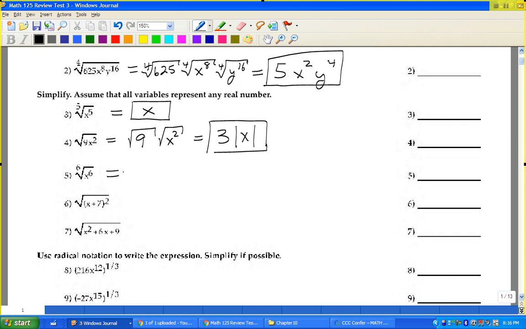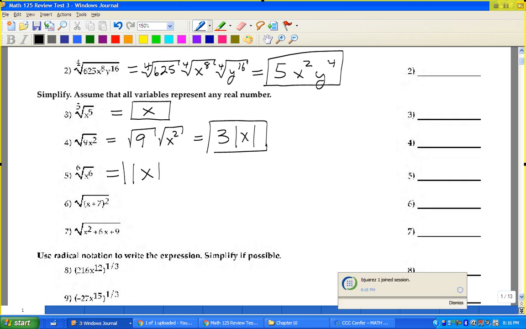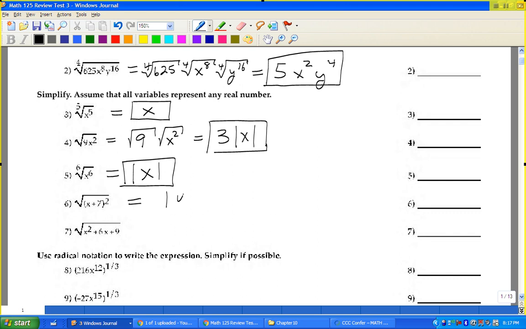Similarly, the sixth root of x to the sixth, since 6 is an even number, and 6 divided by 6 is 1, it's just going to be x. And since I'm taking the even root, I have to have an absolute value. The square root of y plus 7 quantity squared, again, since I'm taking an even root, I have to have the absolute value.